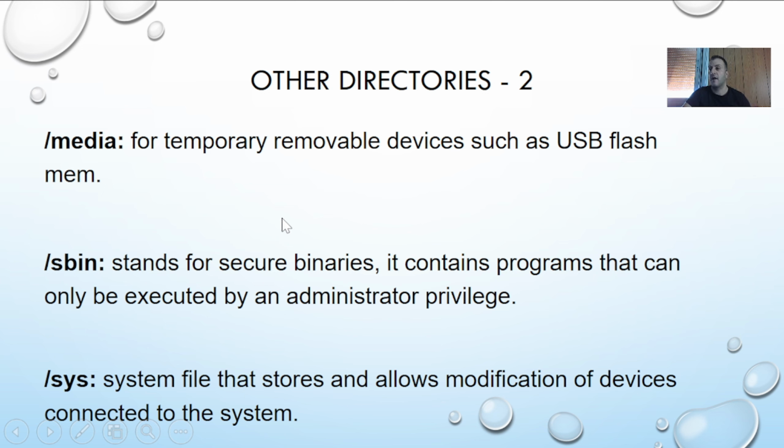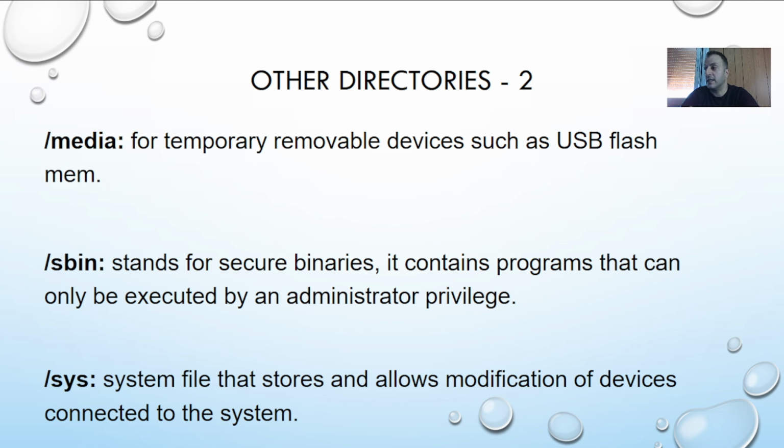Other directories: you have /media, which is a file system for removable devices, like a USB flash drive. The info of such removable devices, such as the drivers, would be stored in /media. /sbin is similar to /bin, except that /sbin stands for secure binaries.